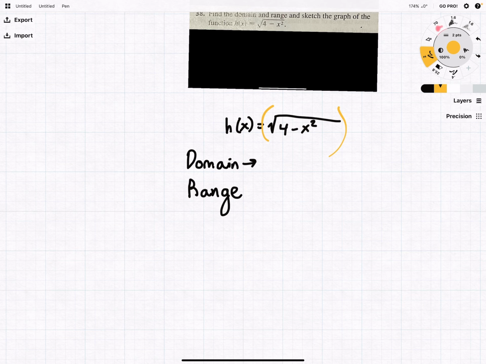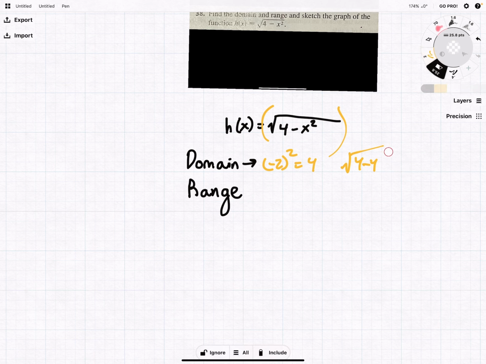So 4 minus x squared, let's see. Well, if x goes as far as -2, then -2 squared is going to be equal to 4. And so then we would be left with a 4 minus 4 under the square root, and that would give us 0. If it equaled anything larger, like 3, then we'd have a 4 minus 9, we would get a -5.